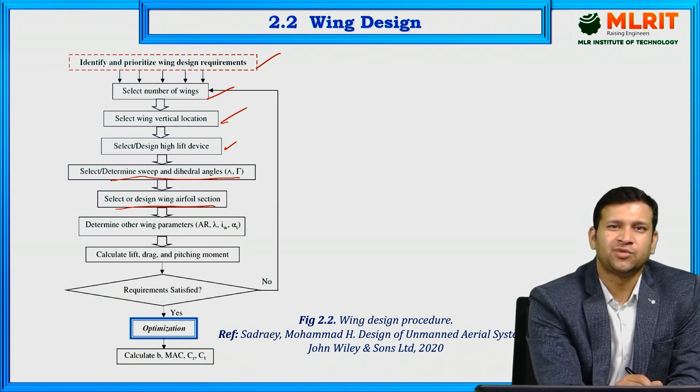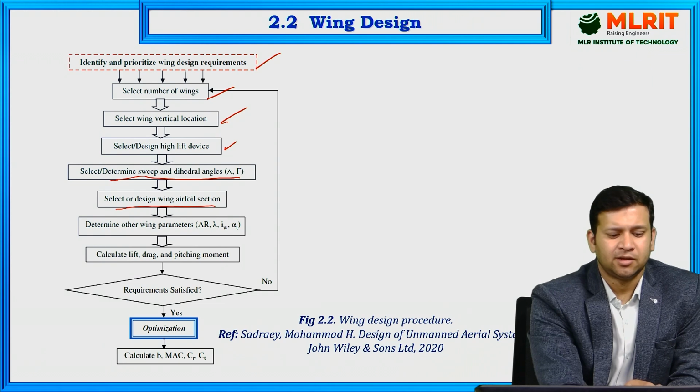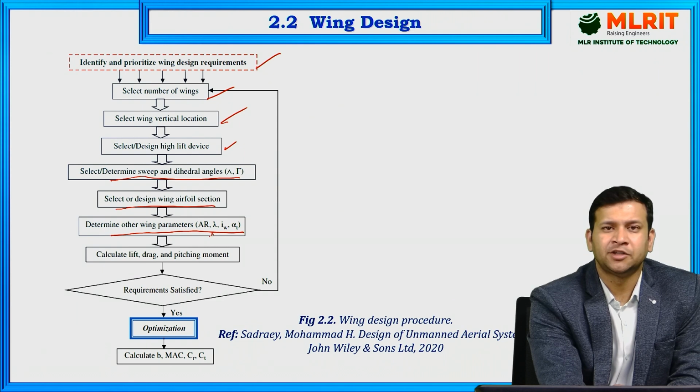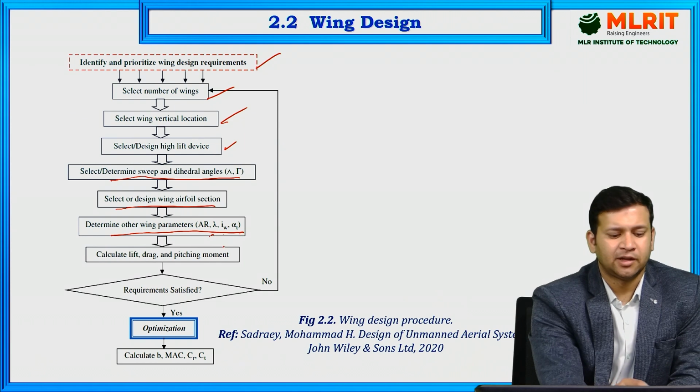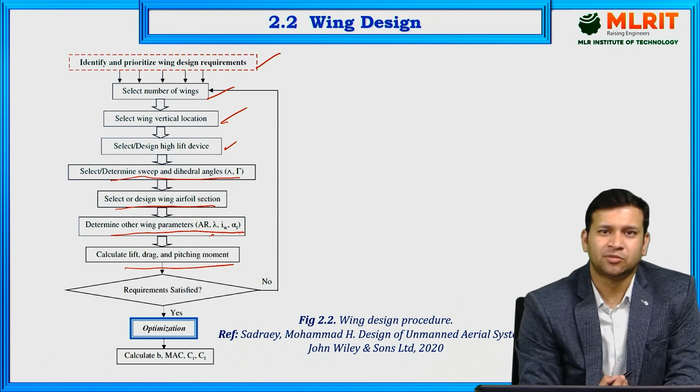How to select this wing airfoil section we will be seeing in the next lecture. Determine other wing parameters such as aspect ratio, taper ratio, wing incidence angle and setting angle. Then lift, drag and pitching moment are estimated.